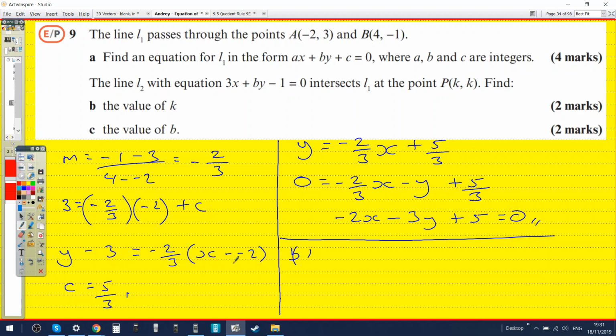Do I need to? Oh, is this where I need to do the simultaneous equation thing? Yeah. Okay. I need to make it equal to minus 2.